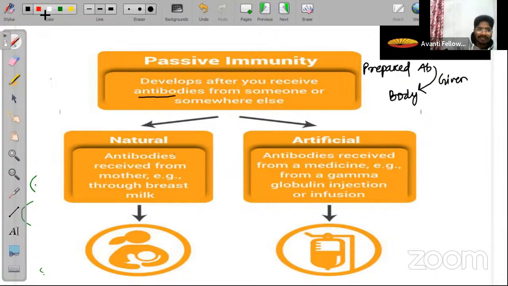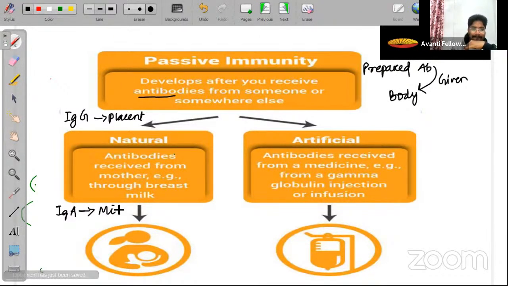One, as I told in the earlier class, is IgG, which travels through the placenta. IgG travels through the placenta and IgA passes through milk. So G will be passing through the placenta, that is GP, GP for gram panchayat, and A will be passing through milk, AM.